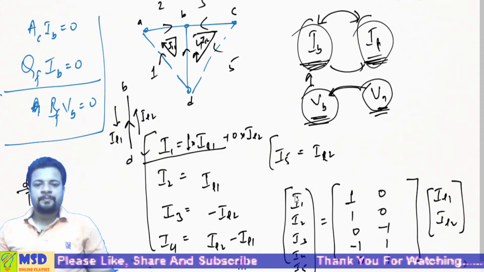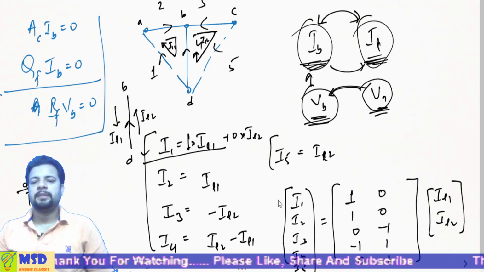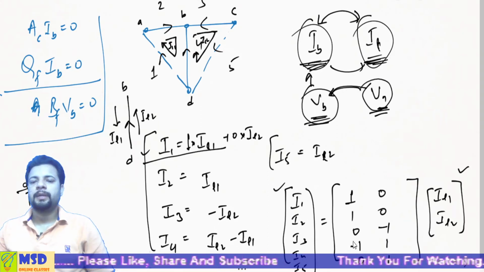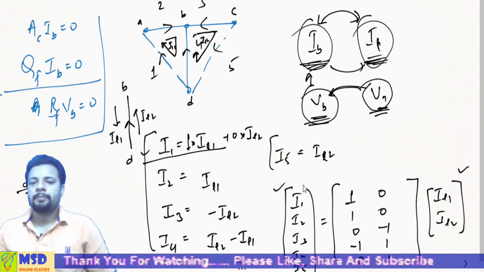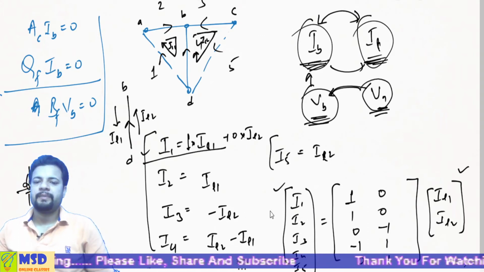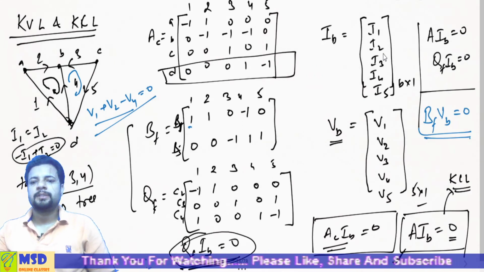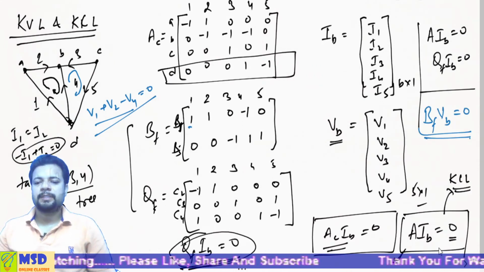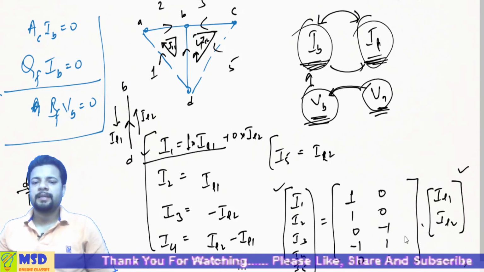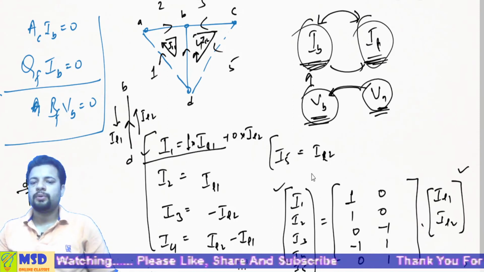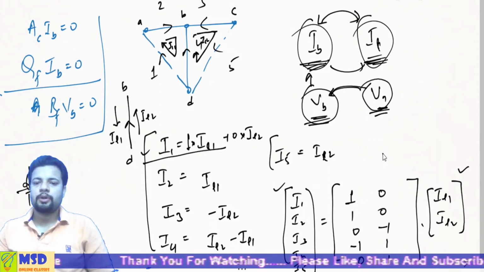Now see, I have developed the entire branch current in terms of loop current, and this is the matrix which relates your branch current vector with your loop current vector. We defined earlier that this is your branch current vector, and this is your loop current vector. Let us observe the matrix that relates these two vectors.